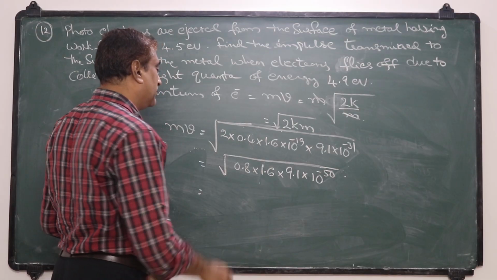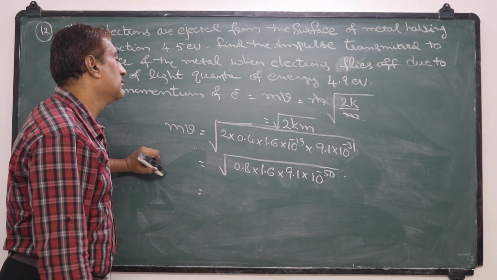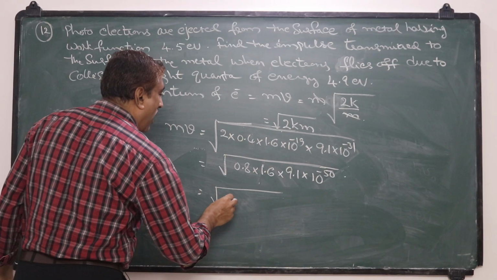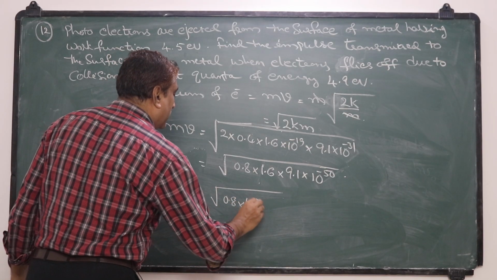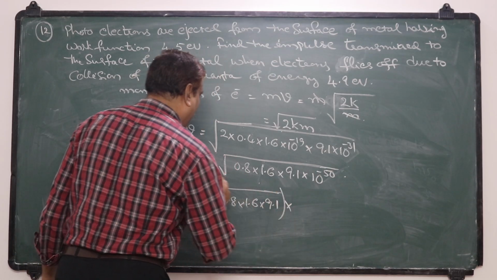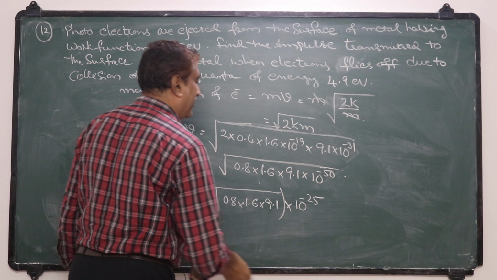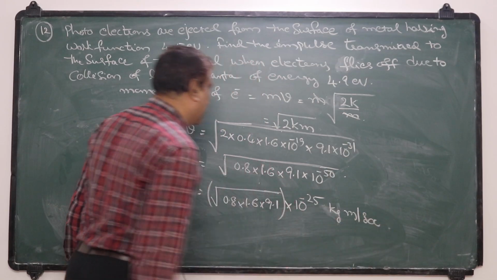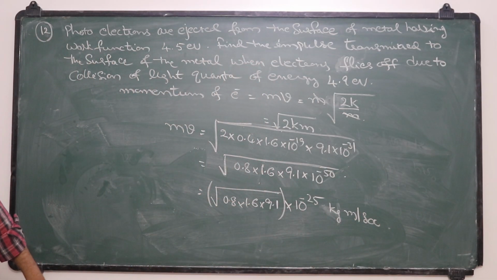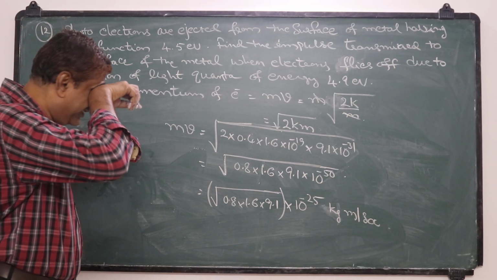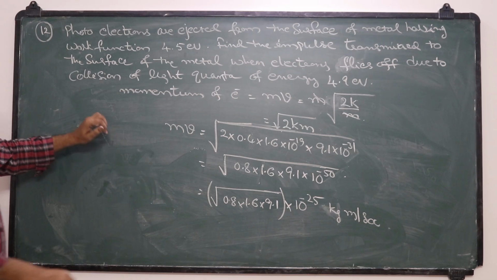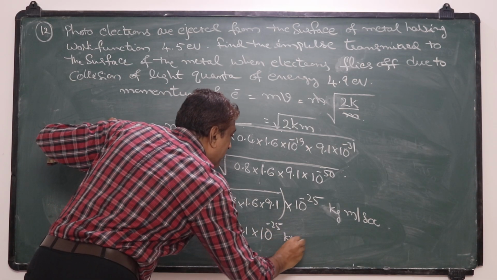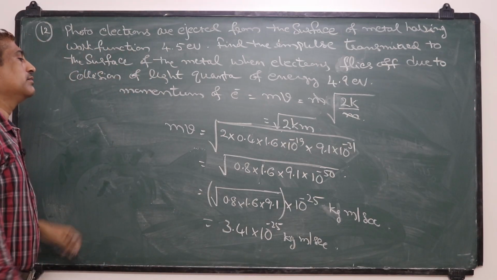We can write this as the square root of 0.8 × 1.6 × 9.1 × 10⁻⁵⁰, which in kg meter per second, using a calculator, is 3.41 × 10⁻²⁵ kg m/s.